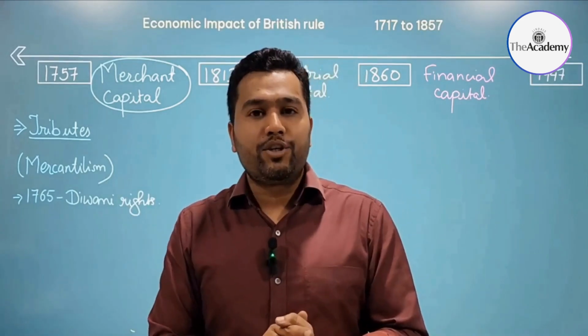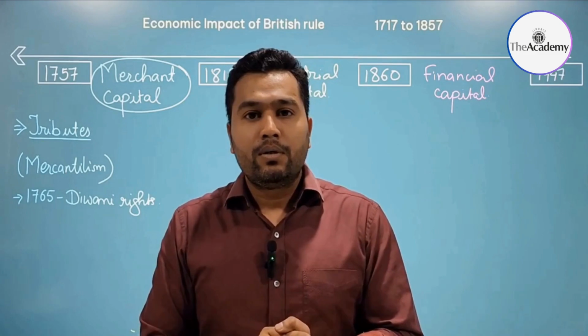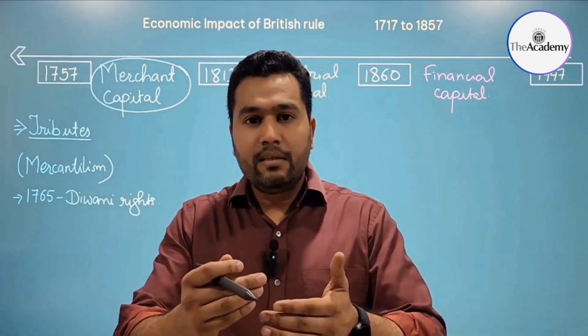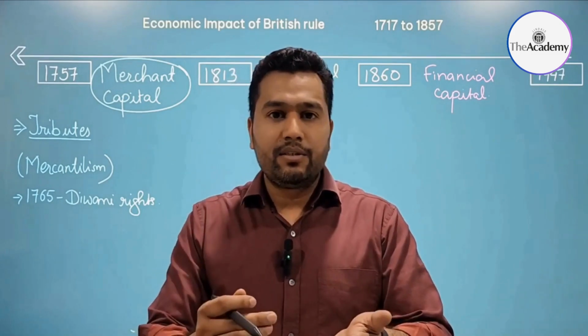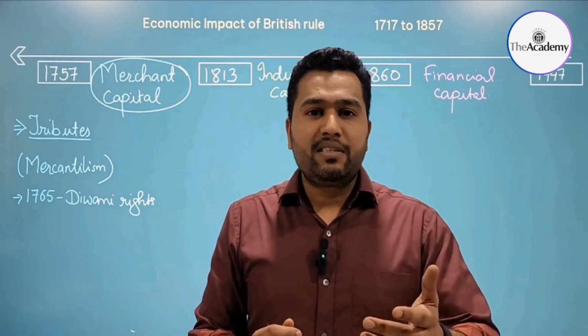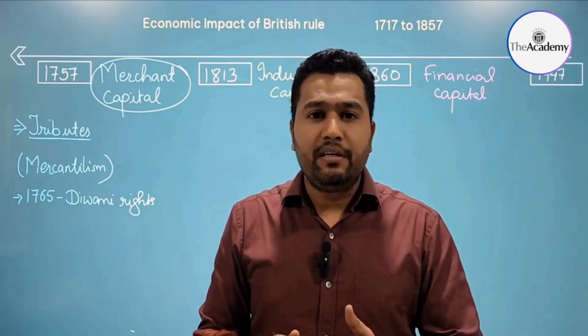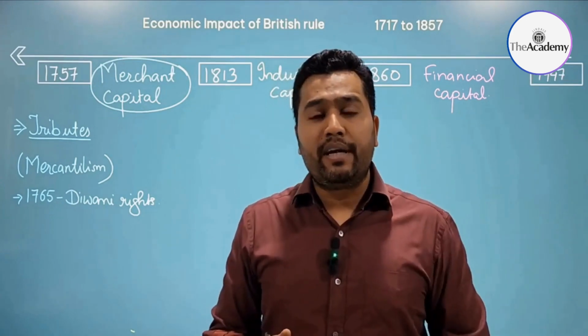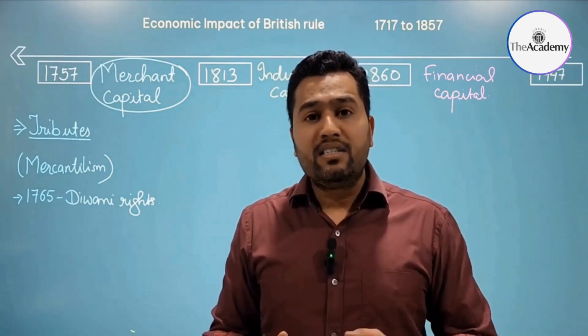It led to maladministration also. And rather than correcting these deficiencies, these maladministrations, as stated via Regulating Act of 1773, in fact, the British further developed this particular drain via Settlement Acts.